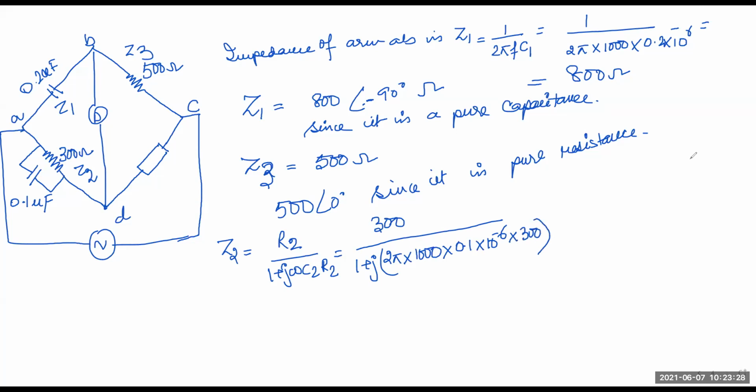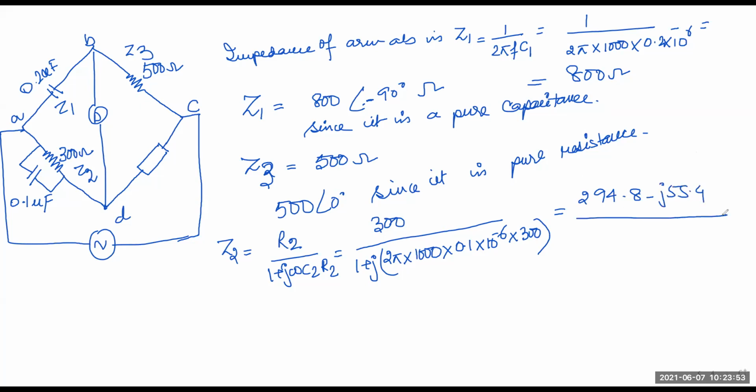Now you tell me the answer. What are you getting here? Solving this portion, you will get something in terms of a j term. You can solve it at home. It is 294.8 minus j 55.4.